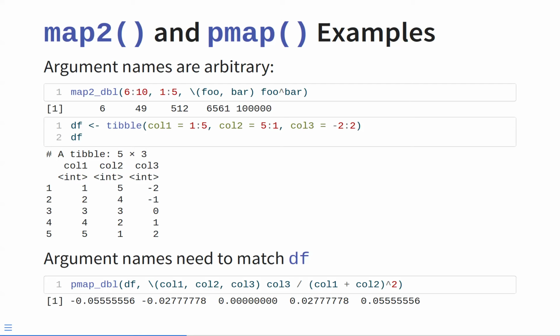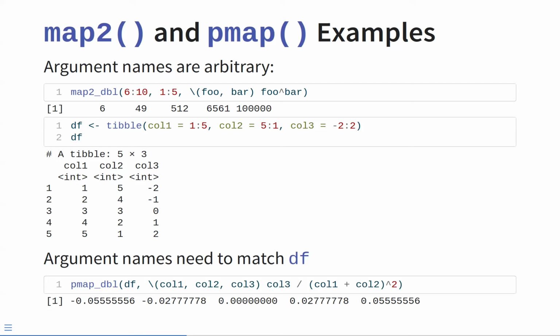All right, now the next thing I'm going to do is create a little data frame. Here we go, I'll use my tibble function. I've got 3 columns, col1, col2, col3, with some arbitrary data: 1 to 5, 5 to 1, and -2 to 2. And now I will show you how we use pmap_dbl. I'm going to make up, again, an anonymous function. This function takes 3 arguments, but notice that the names actually need to match those of the input df. That was not the case with map2, but it is the case here.